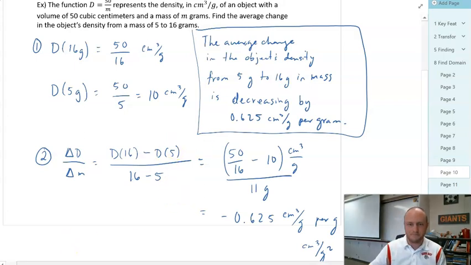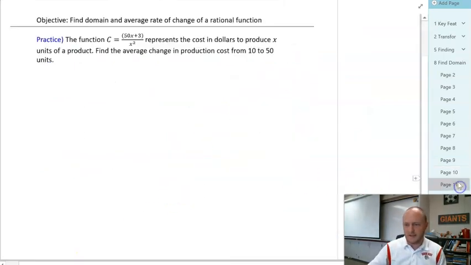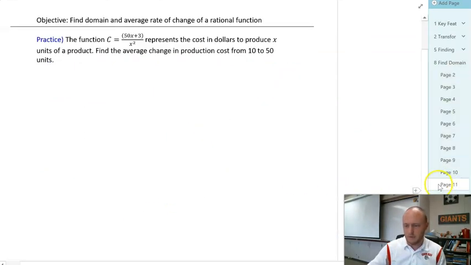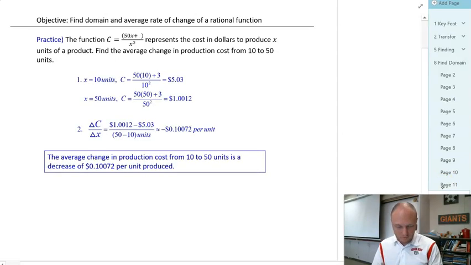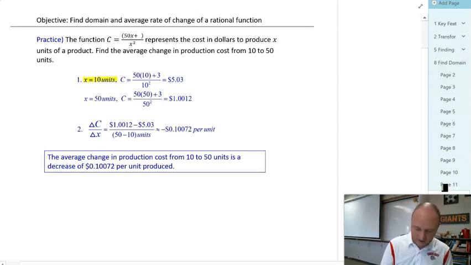Here is a practice problem for you. Please pause the video and give this one a go. Hopefully you paused this. Your first x value is 10 units. Your second one is 50.